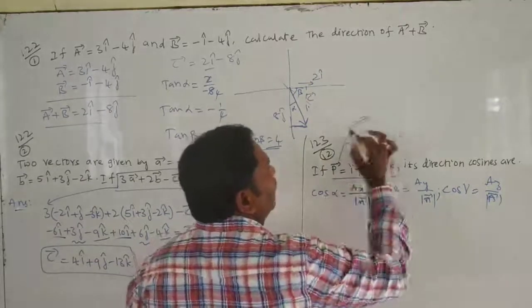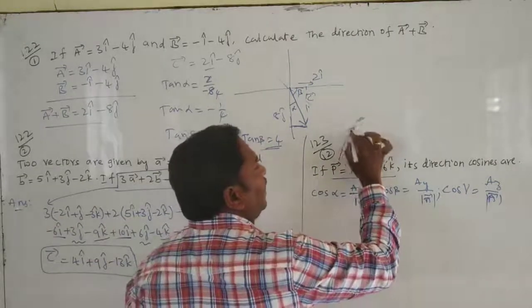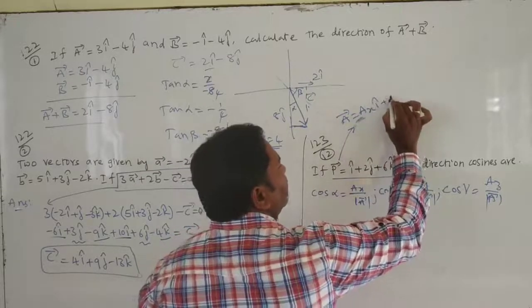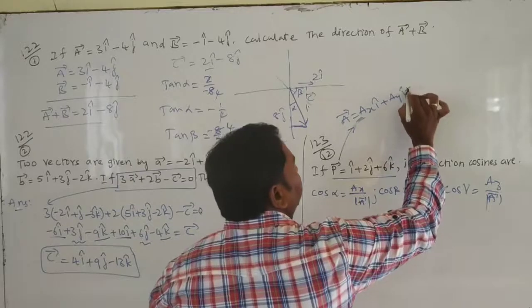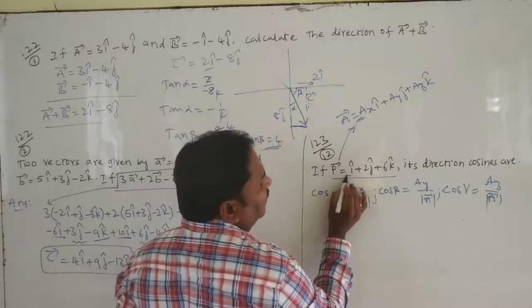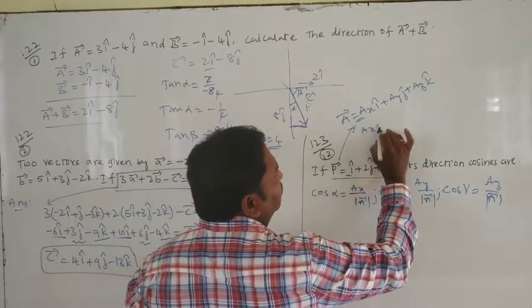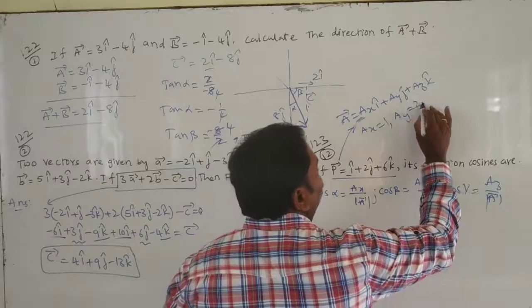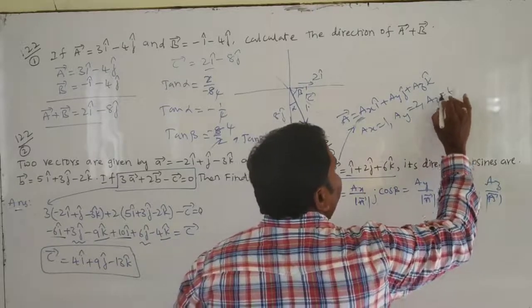So this we have to write like this: a bar equal to ax I cap plus ay j cap plus az k cap. So now comparing, what will be there? Ax replace 1, ay replace 2, az replace 6.